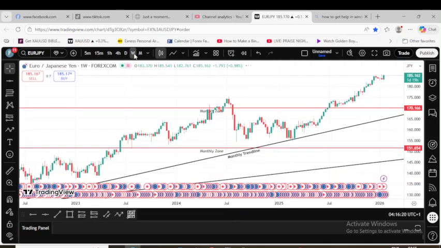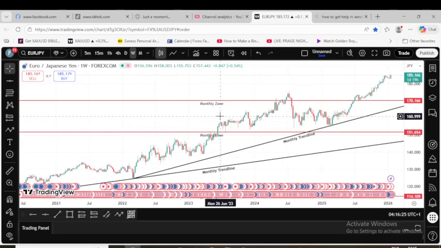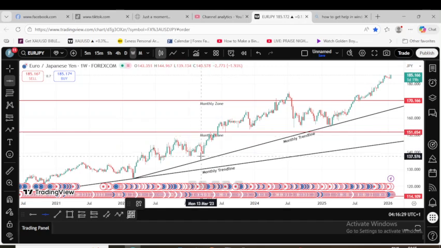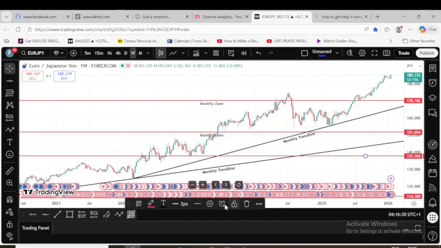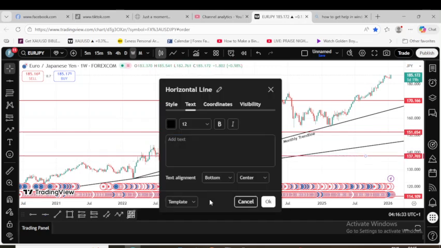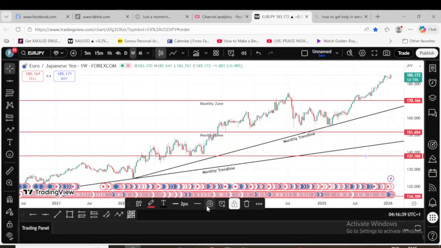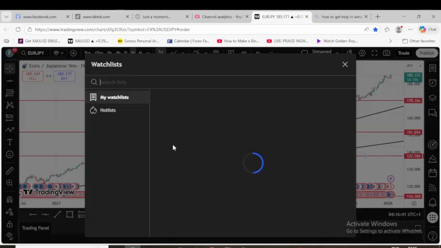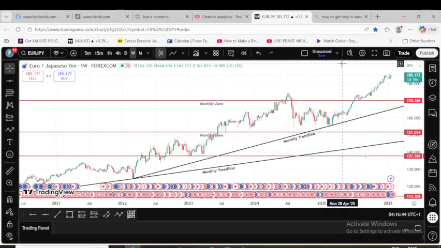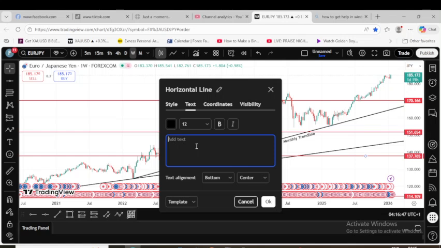Okay, so let's switch down to the weekly time frame and do the same things. Identify our zones, identify our trend lines. So we have this one here. This is a weekly zone.